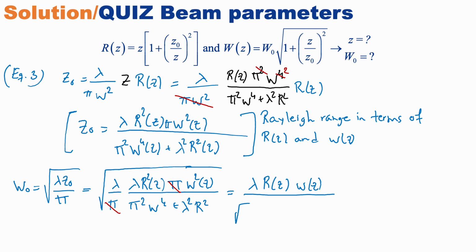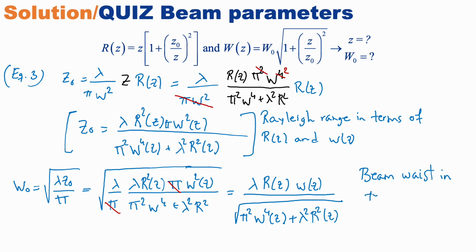Now on the denominator we have the square root of pi square, the power of 4 of the beam width, plus lambda square and the square of the radius of curvature. And this is how we have the beam waist in terms of the beam width and the radius of curvature.